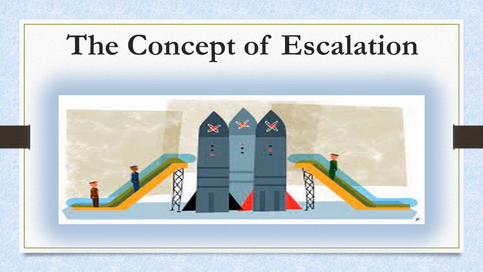Herman Kahn has presented a diagrammatic pattern of escalation of a limited conflict. There are three ways to escalate.